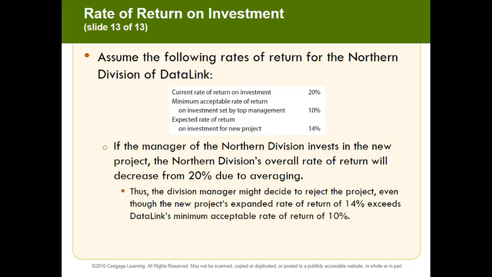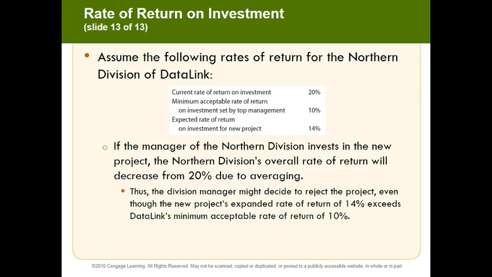So here are the following rates of return for the Northern Division of DataLink. We have the current rate of return on investment, the minimal acceptable rate of return on investment set by top management, and the expected rate of return on investment for new products.